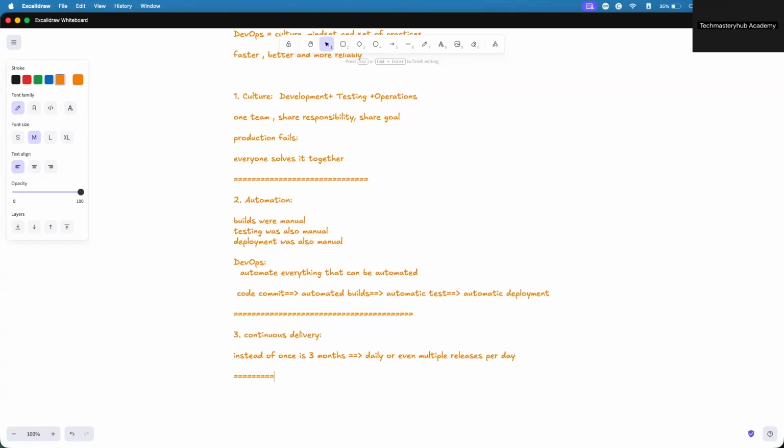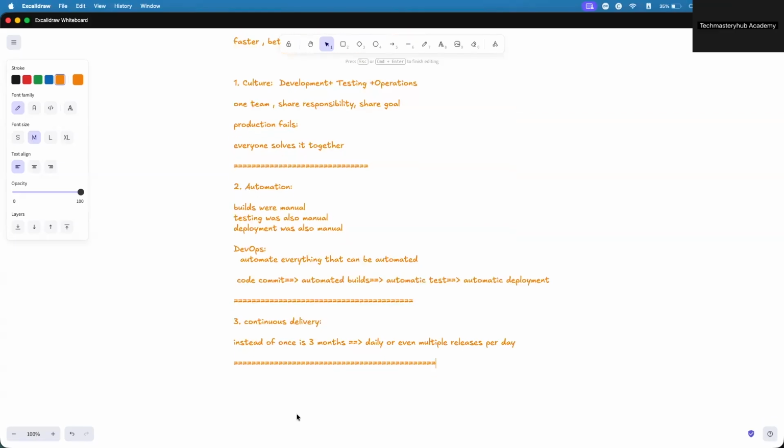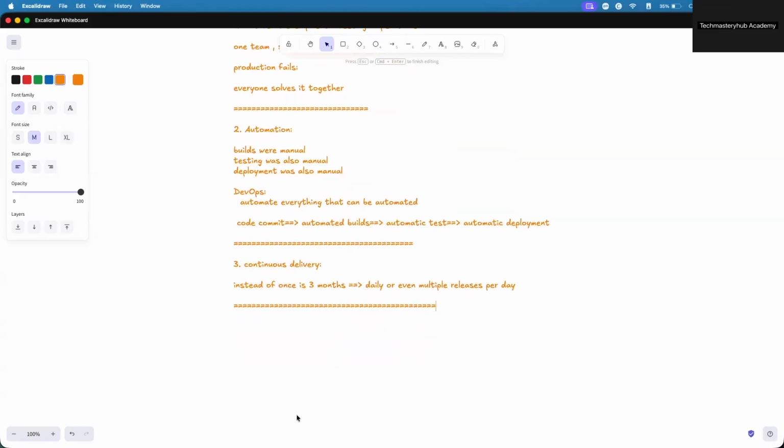So this is continuous delivery. So instead of writing the entire chunk of code, testing it and delivering in one go, once in 2-3 months, what DevOps says, whatever you have developed today, whatever you have tested today, release it immediately. That is the DevOps culture.